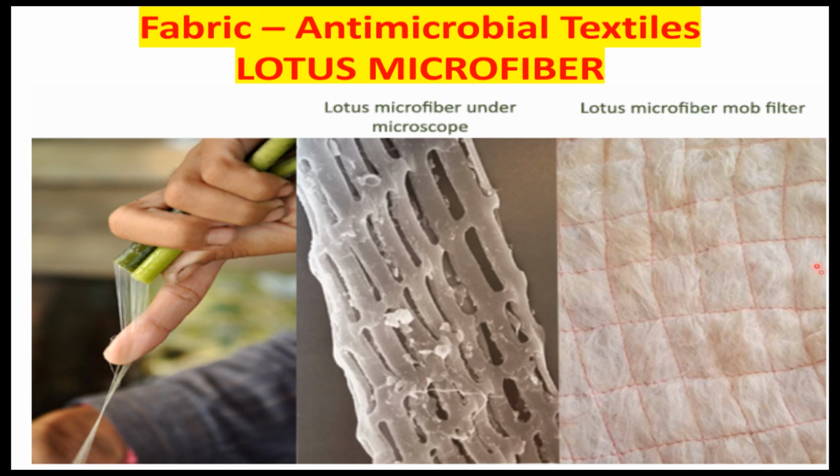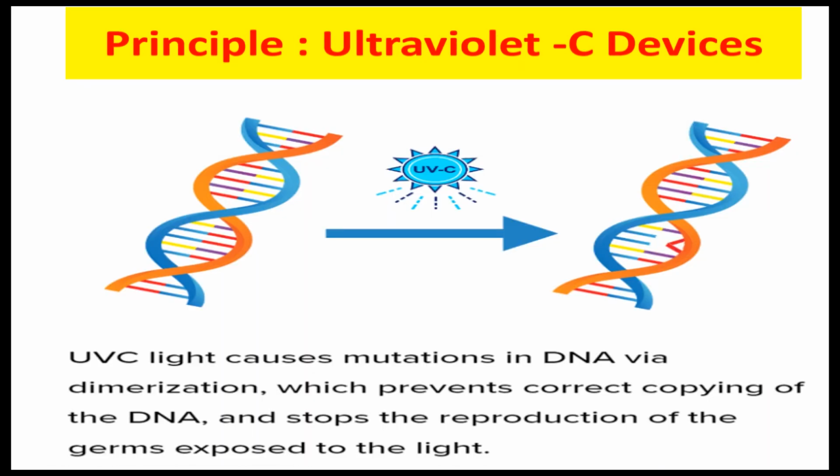How are the DNAs damaged? This is the DNA, and suppose the red color ones are the thymine ones. Thymine clubs the two red color strands, that is, thymine dimers are formed. As a result of that, this particular DNA is unable to replicate and the microbe falls dead.